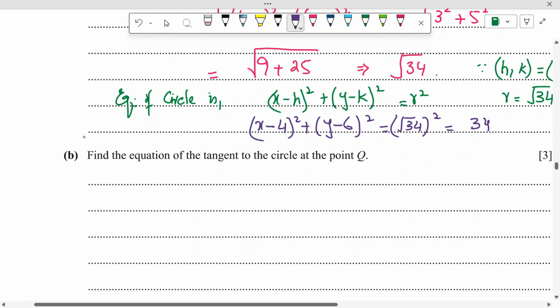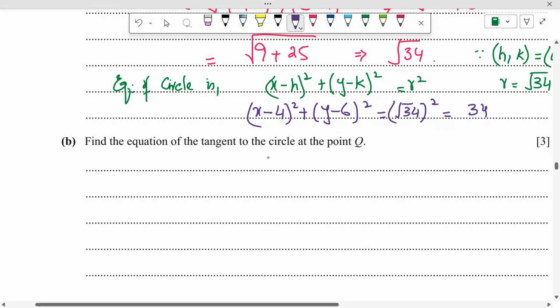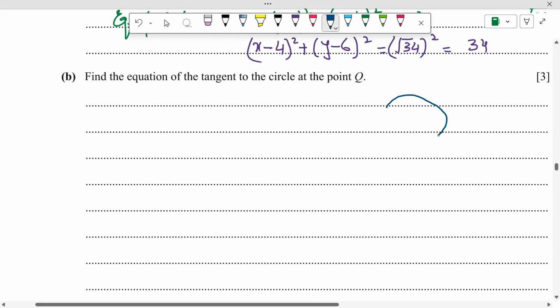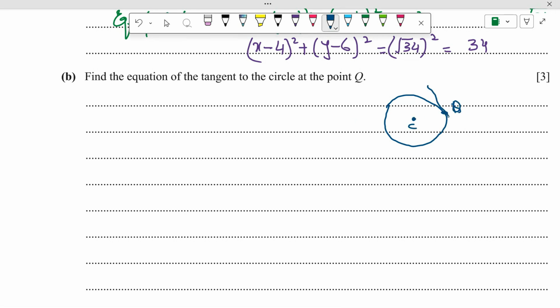Now let's move to the part where we find the equation of the tangent to the circle at point Q. Okay, we have the circle, and this one is point Q and this one is the center, and we need to find the equation of this tangent.